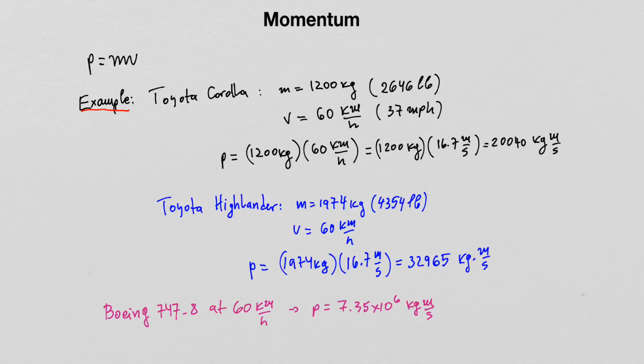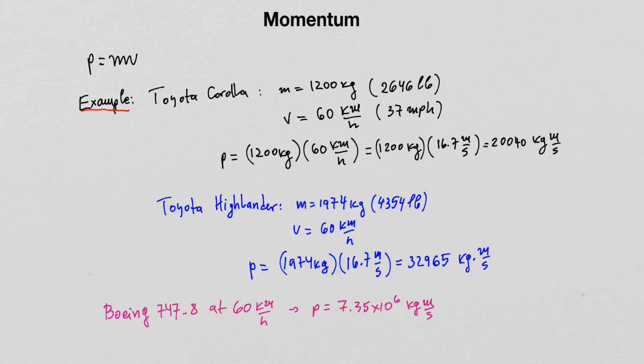Now let's look at a Toyota Highlander with mass of 1,974 kilograms at the same speed of 60 kilometers per hour. This Highlander will have momentum of 32,965 kilograms meters per second. If you compare those two momenta to the momentum of a Boeing 747-8 at 60 kilometers per hour, well, the Boeing has a momentum of 7.35 times 10 to the 6th kilograms meters per second.